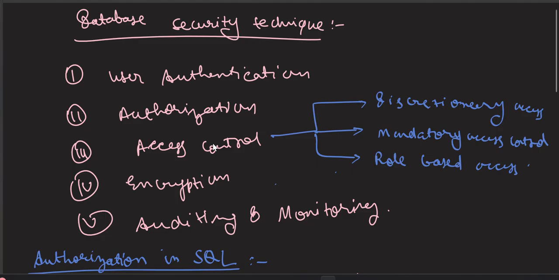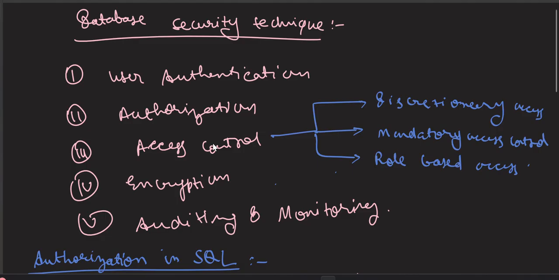View means you can only read the data, but you cannot update it. Suppose attendance is being marked for all the students. All students are only able to see their marks and attendance, but you are not able to update the data. So this is called authorization.